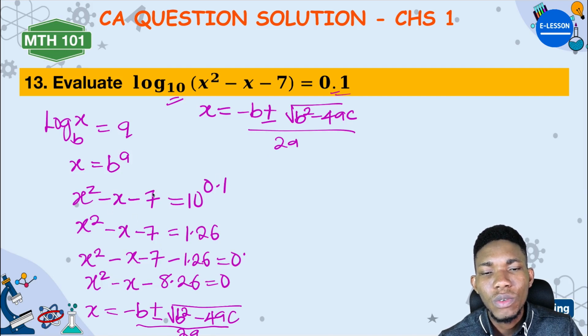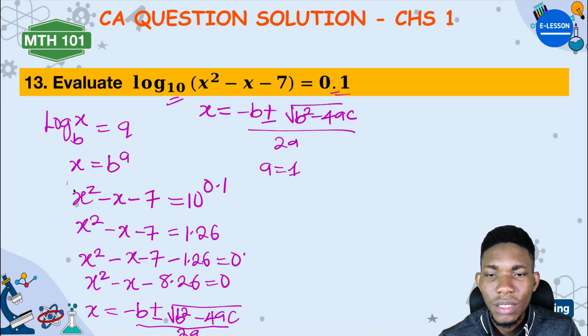Now, from this question, our a is equal to 1. a is the coefficient of x squared. x squared is standing on its own, so the coefficient is 1. b is the coefficient of x, which is this. This is the equation we are actually working with. x has minus 1 as its coefficient, so you have minus 1 there.